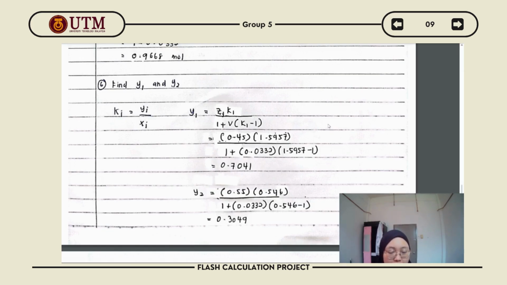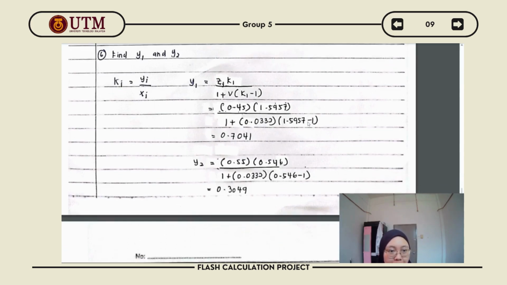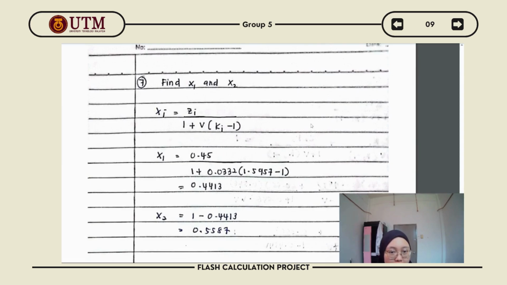Again, we just input the numbers into the formula, and then we find that Y1 is equal to 0.7041 and Y2 is equal to 0.3049. Lastly, we have to find X1 and X2 using the formula Xi equals Zi over 1 plus V in the bracket of Ki minus 1. We find that X1 is equal to 0.4413 and X2 is equal to 0.5587.